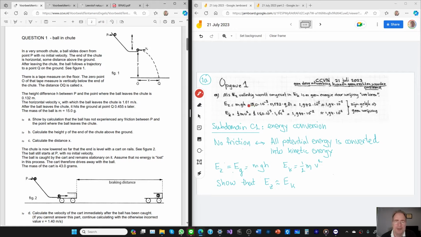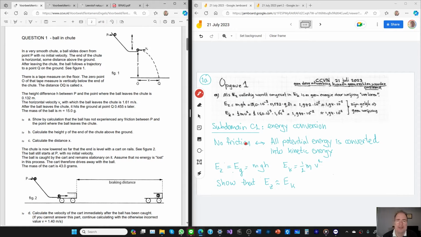In this situation, it's related to energy conversion from the gravitational potential energy given by the mass times the gravitational constant times the height. If we define the gravitational potential energy to be zero here, this energy is converted into kinetic energy of the ball.